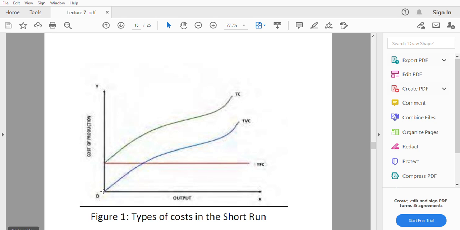Total variable cost starts from 0. It increases steeply initially, it becomes gentle, and increases again. The shape of the total cost and the total variable cost is a result of the law of diminishing marginal returns we talked about in production.